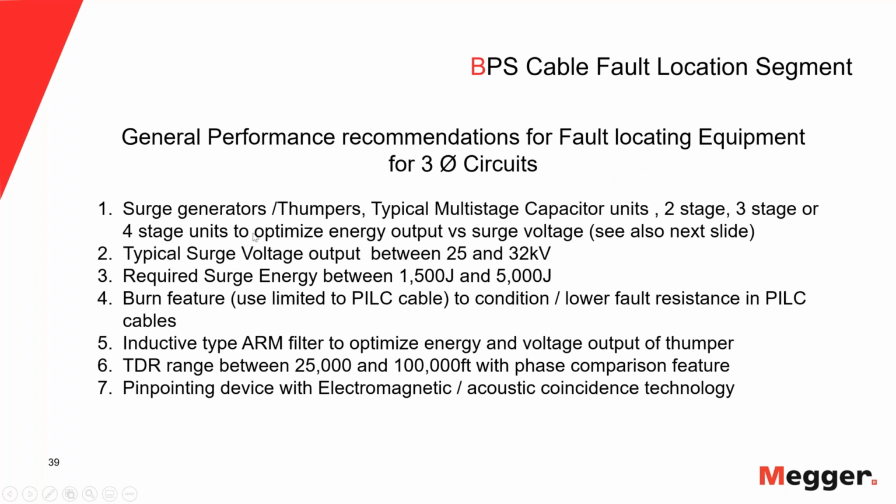The surge voltages should be between 25 and 32 kV, but with multi-stage you also have lower voltage stages. The energy should be not less than 1,500 joules, and 5,000 joules is a pretty good number to have, especially if you have 5,000 joules at maybe 8 kV or 16 kV.